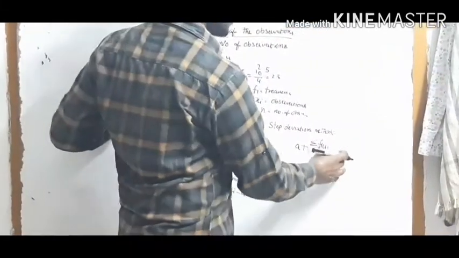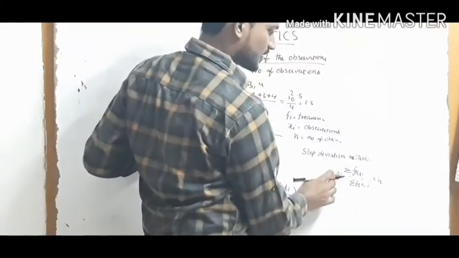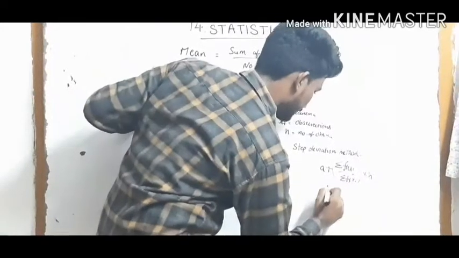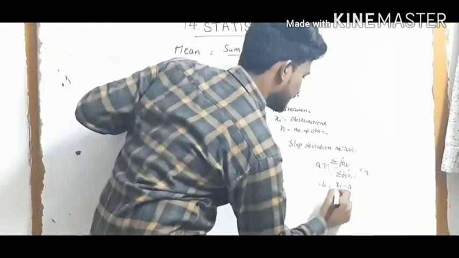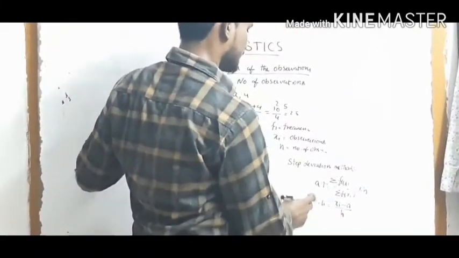H is the height of the classes, a is the assumed mean, and ui equals xi minus a by h. This is the step deviation method.